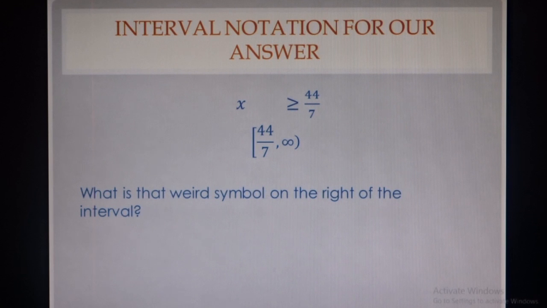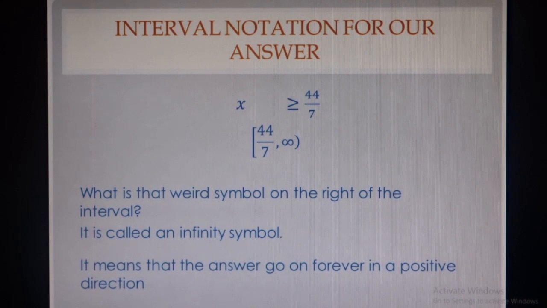That's that weird symbol that you see there on the right-hand side. It means that the answer will go on forever. And that means that we're going to use the parenthesis instead of the square bracket. You always use parentheses instead of the square bracket with an infinity symbol.